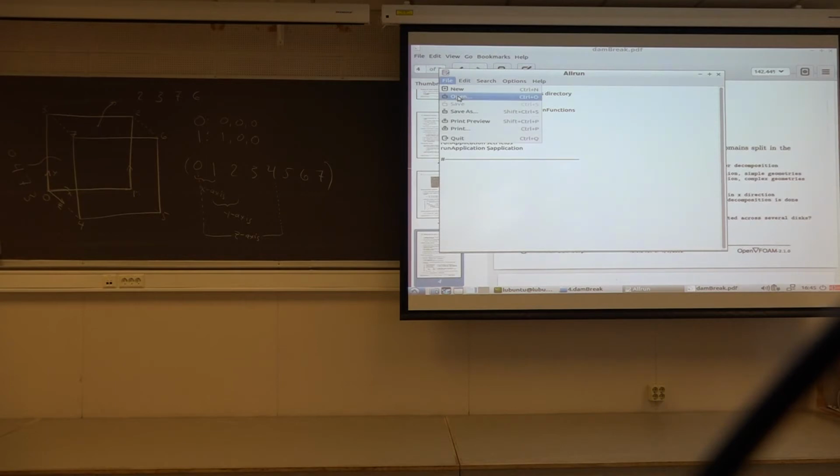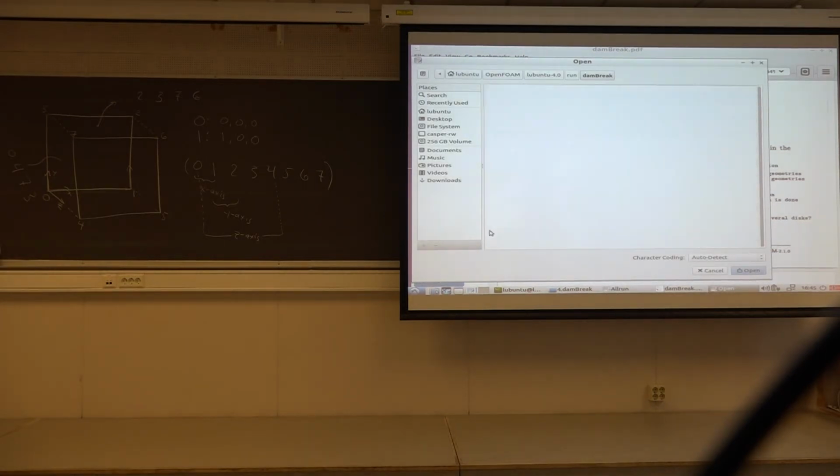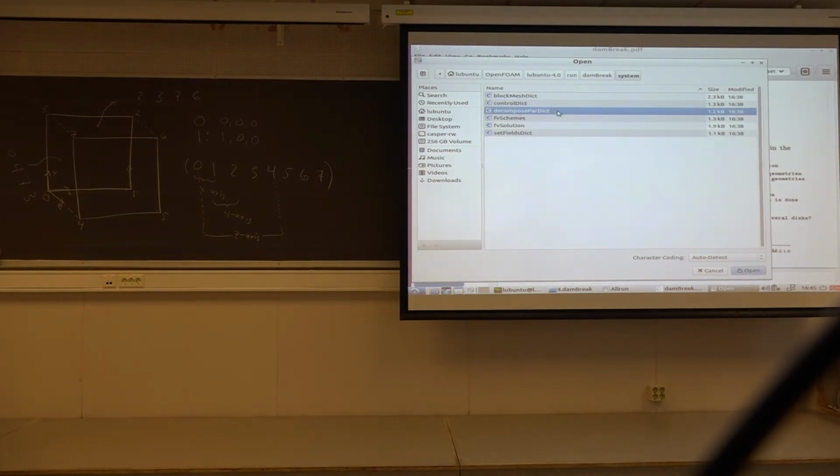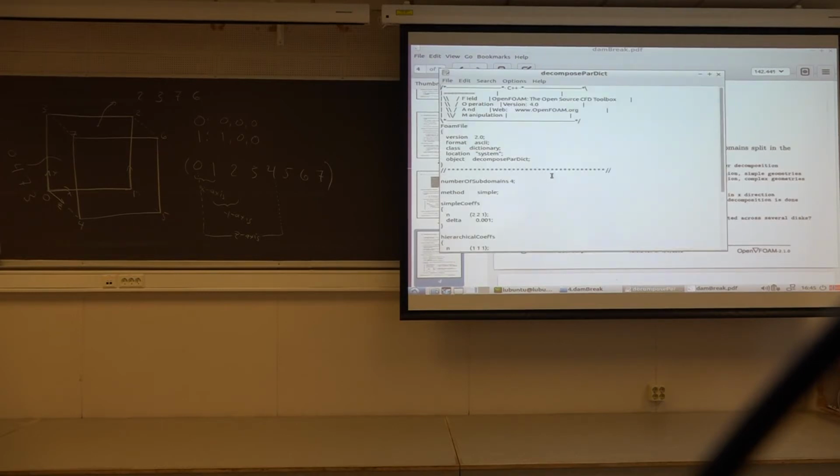Open system, decomposeParDict. Here we have it. So here the default, it has suggested to split the domain in 4.